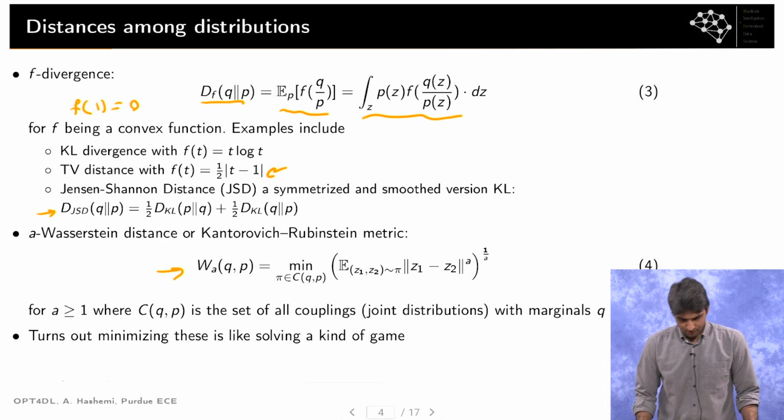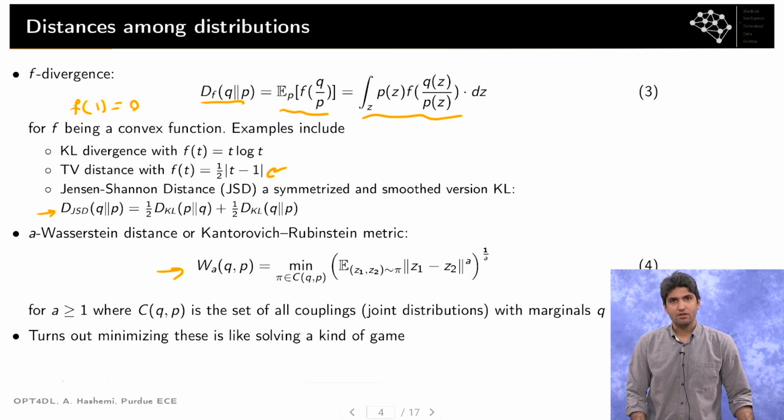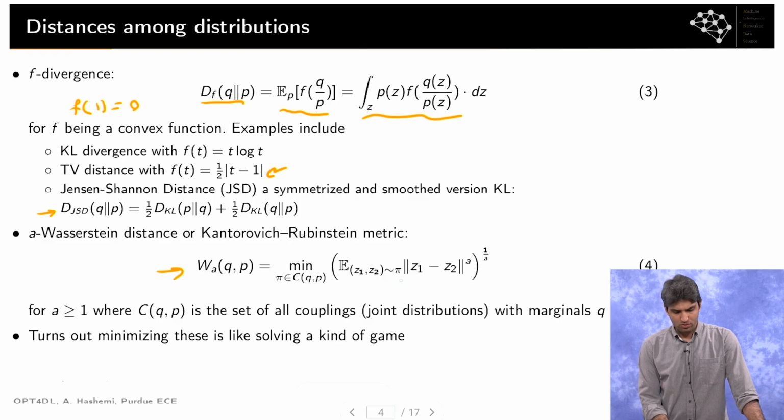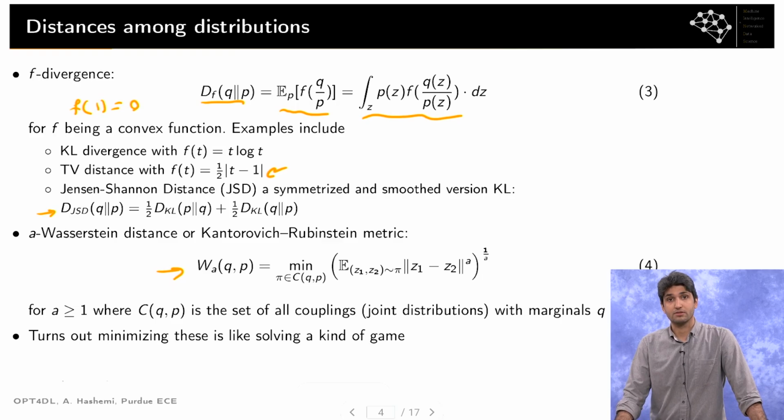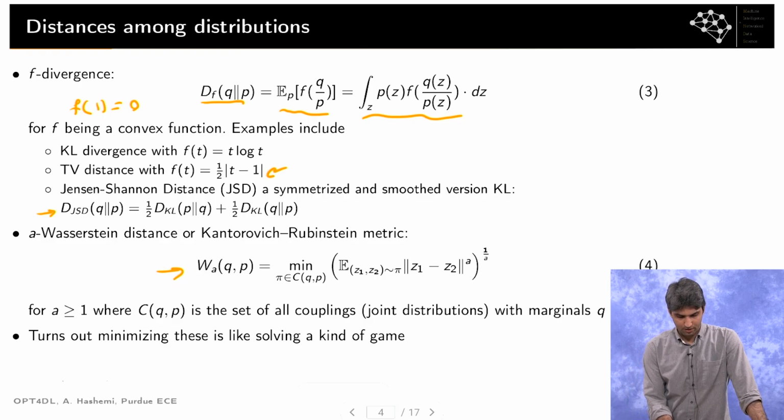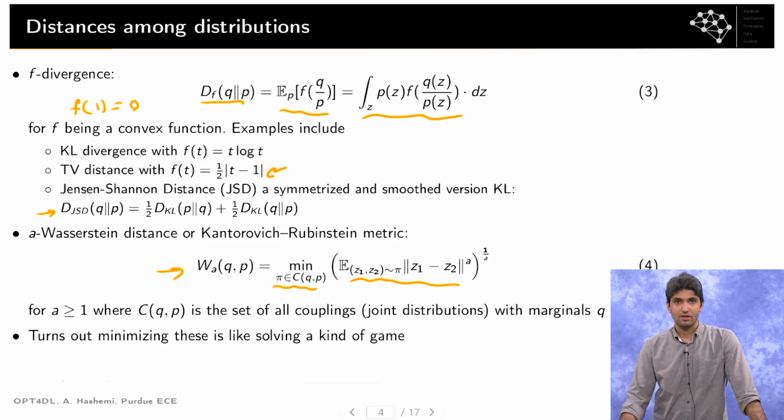It looks somewhat complicated, but what it tries to capture is the cost of moving samples generated from one distribution, let's say Q, to another place, to the samples that are generated from the second distribution P. In particular, we find a joint distribution pi between Q and P that minimizes the distance between samples generated from Q and samples generated from P.